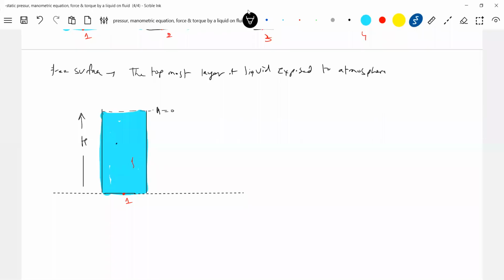I want the pressure at point 1 and point 2. So what is the depth? This is H1. Let the other be H2. So there's a free surface. What is the pressure at this point? It will be P0. So I'm starting like this, P0, or call this point 3.